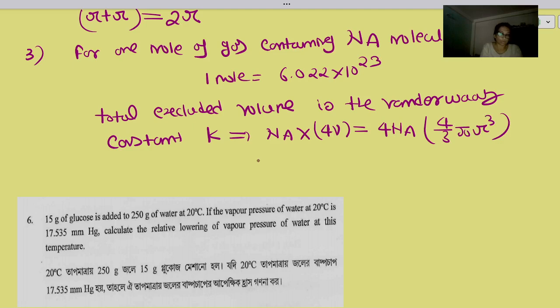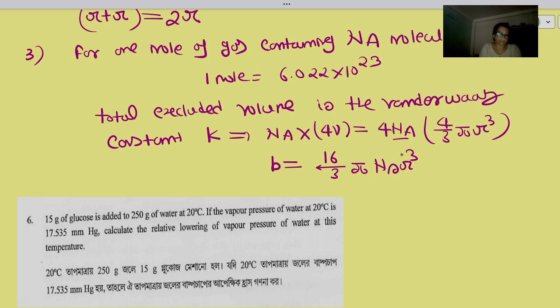So now the answer will be: we are calculating the value of B is equal to 16 by 3 pi Na r cube, since 4 times 4 is 16, divided by 3.